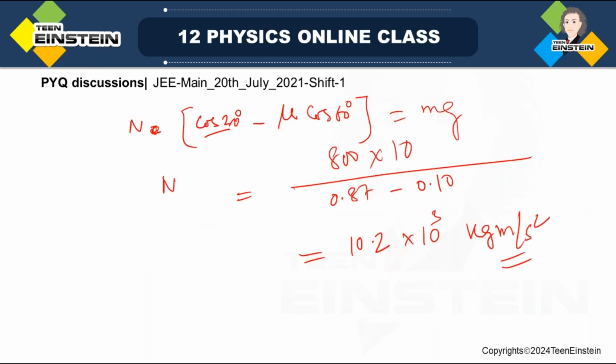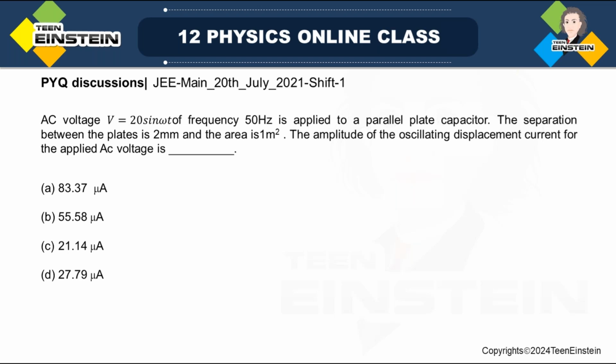Now let us go to the next problem. This problem says AC voltage 20 sine omega t, and it has got a frequency 50 hertz.